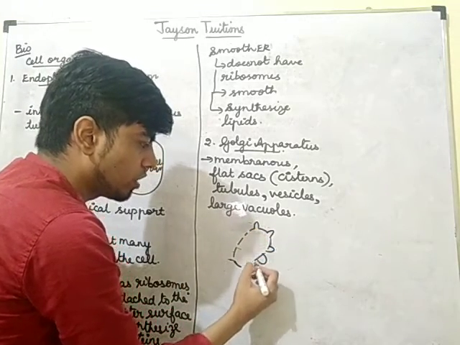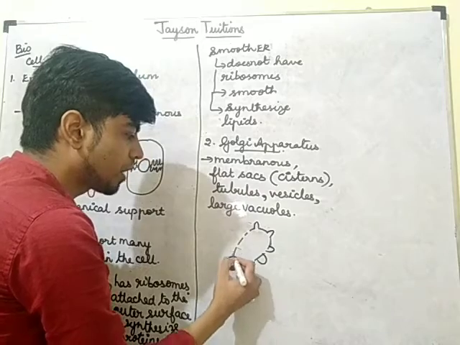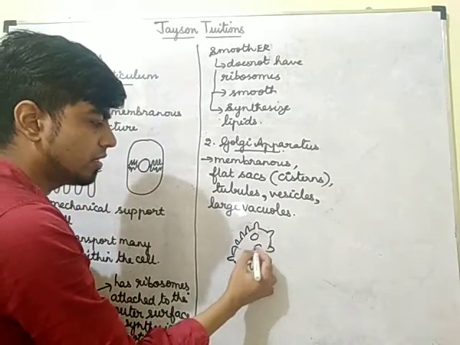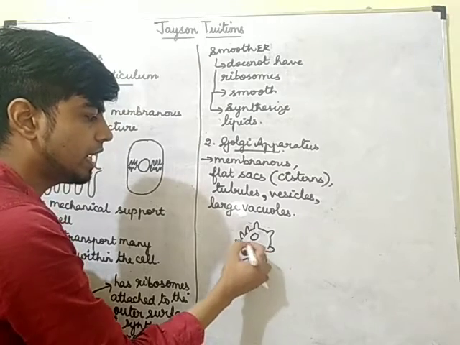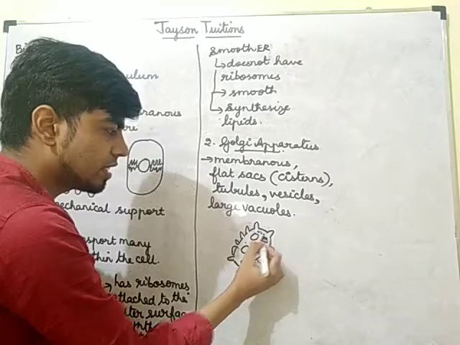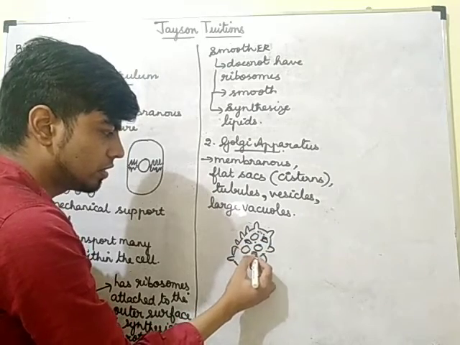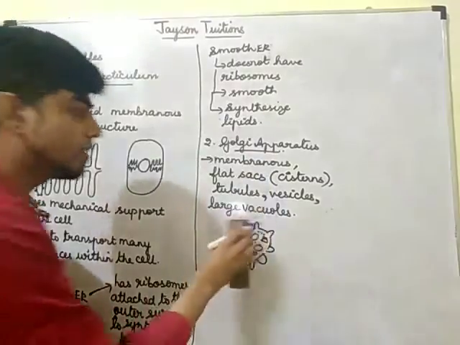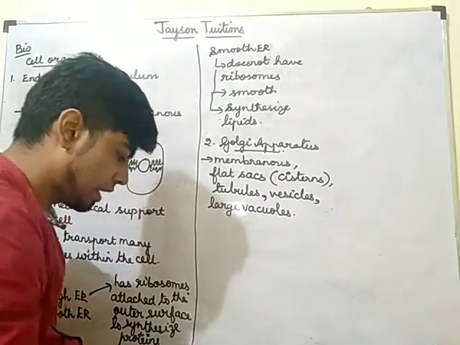Large vacuoles means many holes will be there inside. Vesicles are like vessel shapes, some bodies will be there. Like this only the Golgi apparatus will look.